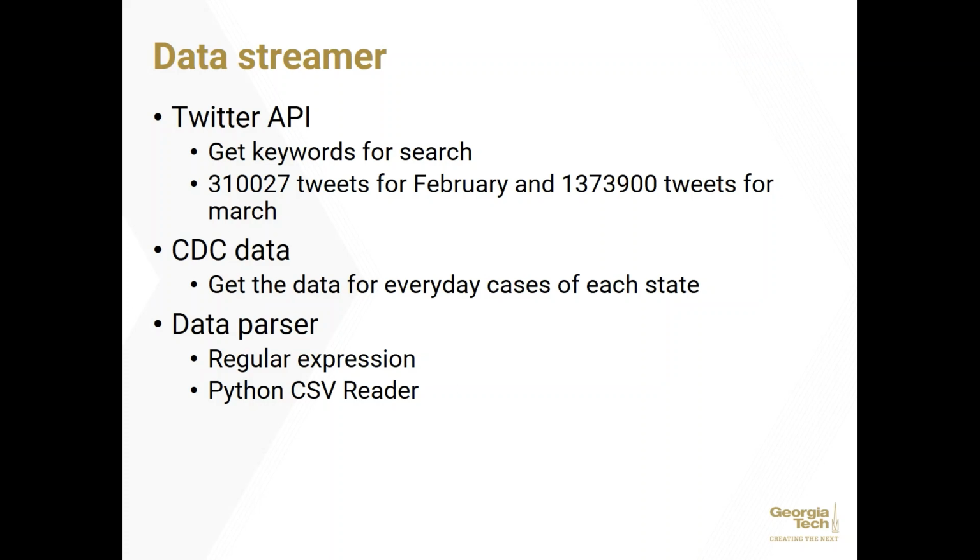For the collaborative source, we use the CDC data. We get the data for everyday cases for each state. We write a data parser to process these two kinds of data. We use regular expressions and the Python CSV reader to read and process these data files.